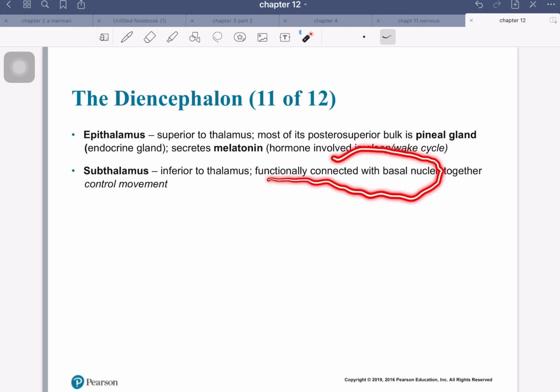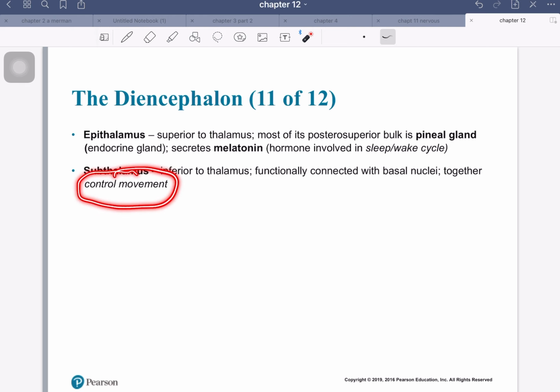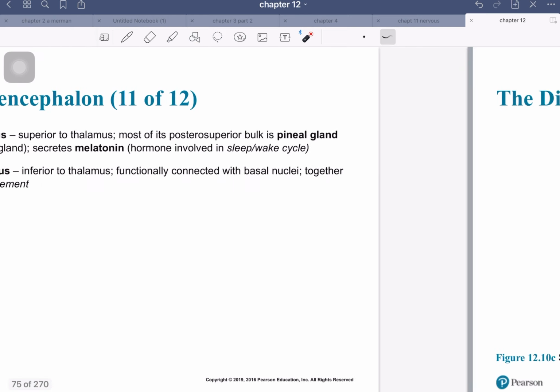Now remember, whenever we think about basal nuclei, one of their big jobs has to do with planning motor activity. How is the motor activity going to occur? So not surprisingly, if the subthalamic region is connected to the basal nuclei, it has a role in controlling movement.